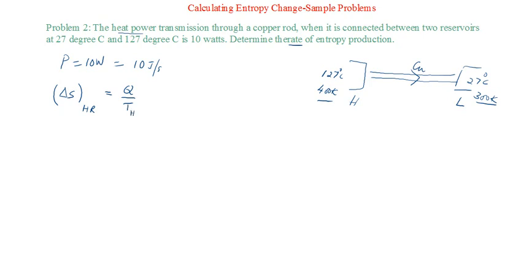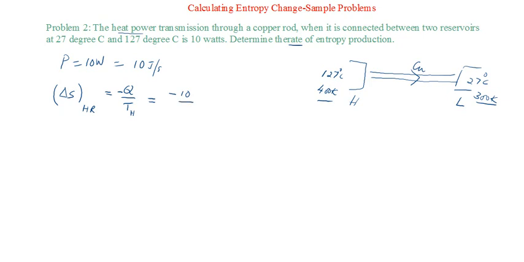Now one thing to be taken care of: what is this Q? This Q is heat that is lost, so I have to put a minus. We are calculating per second, so that is minus 10 joules per second. So you'll be getting the rate of entropy, because it's per second.